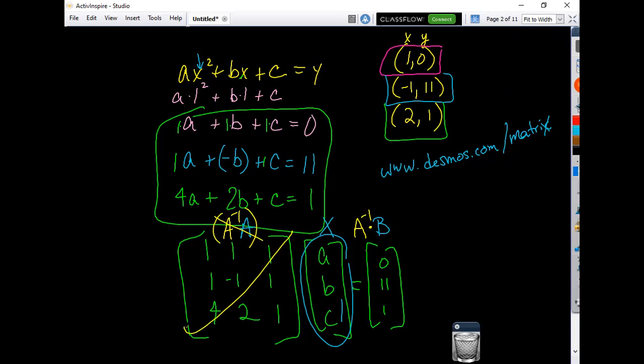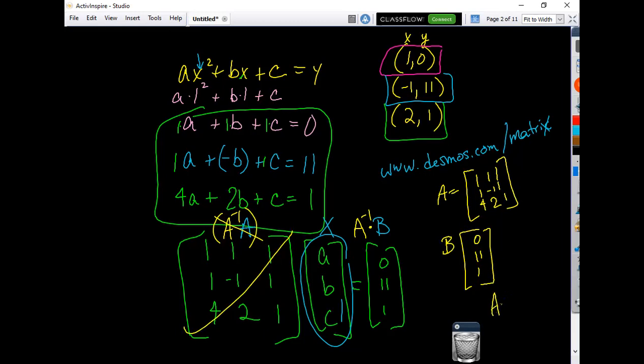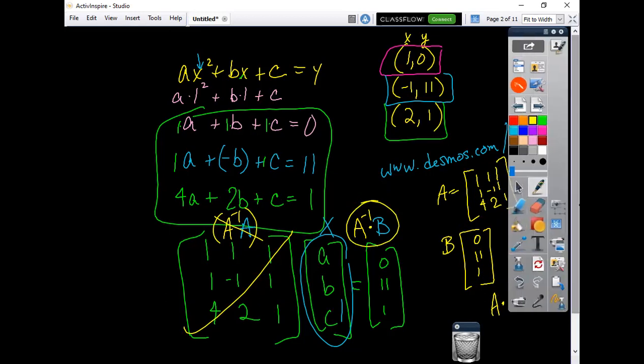So to solve for ABC, in matrix A, in Desmos, you're going to make it a 3 by 3 with the 1, 1, 1, the 1, -1, 1, the 4, 2, 1, and then in matrix B, you're going to put the 0, 11, 1, and then down on the new screen, you're going to go matrix A to the -1 power. That means the inverse. It's what we did to undo it here to get our answer.